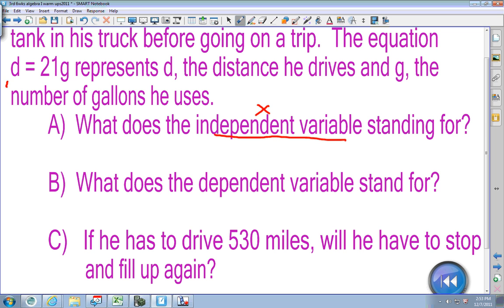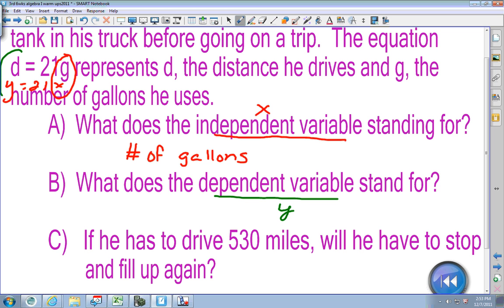This is the same as saying y equals 21x. So the x and the G match up. G is the number of gallons. The dependent variable is the y. Right here, D is the distance.